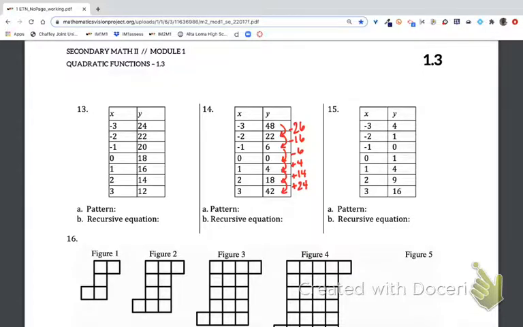No first difference. No common first difference. But if I look here, well, that's a difference of 10. That's a difference of 10. Now I'm seeing it. It's second differences of 10.